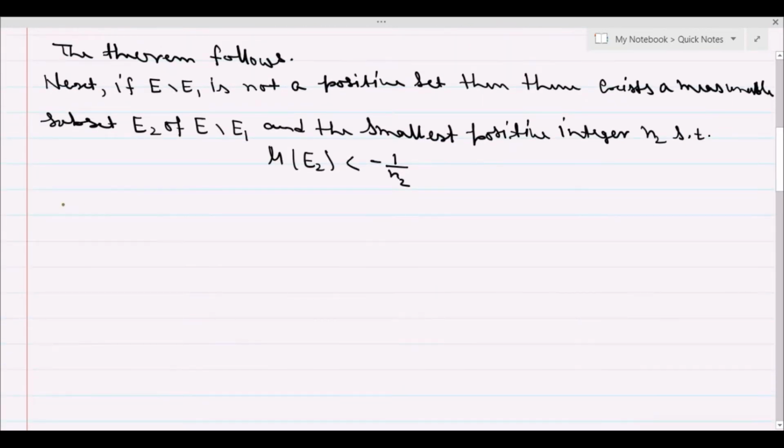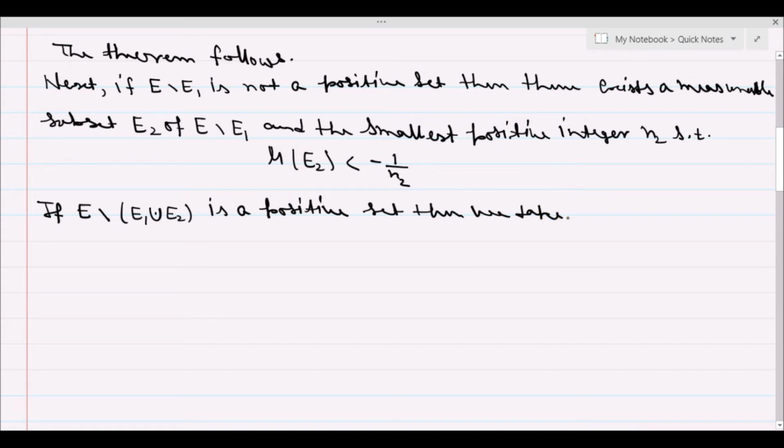Now if E minus (E1 disjoint union E2) is a positive set, then we take A equal to E minus (E1 disjoint union E2).